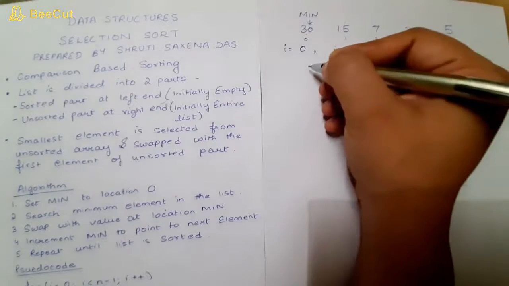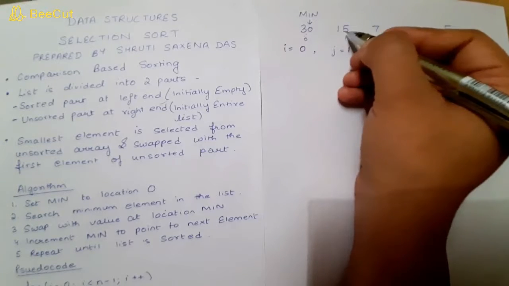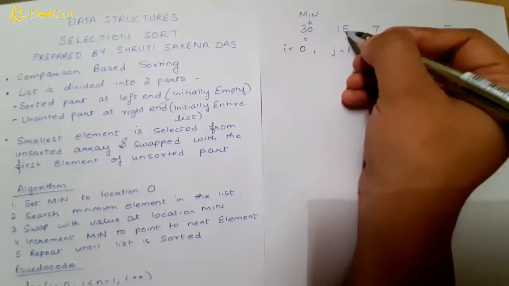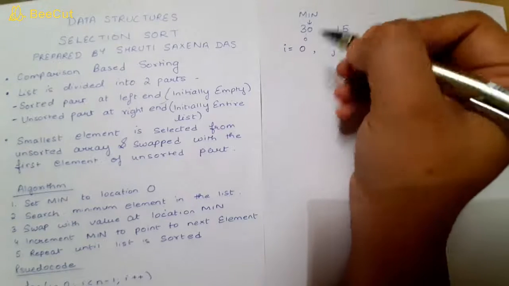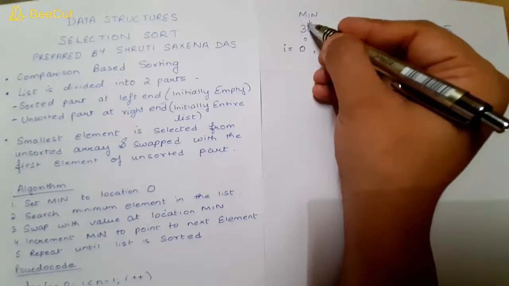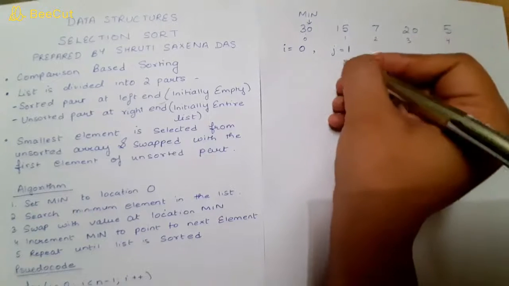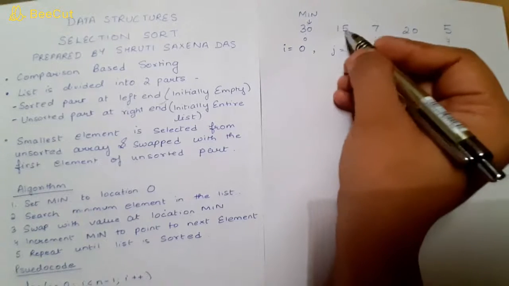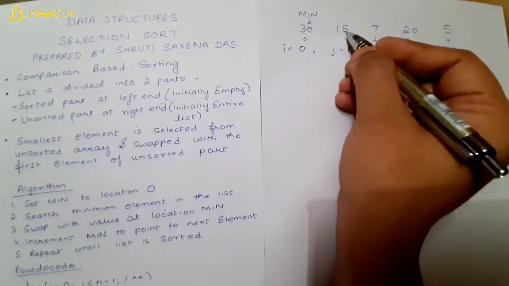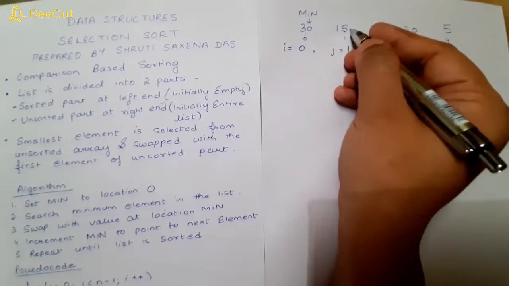For i equals 0, j equals 1, we need to find out whether the next element is the minimum or not. In every iteration we compare the element pointed to by min with the element at j. So we'll compare 30 with 15. As 30 is greater than 15, the min variable should now point to 15.